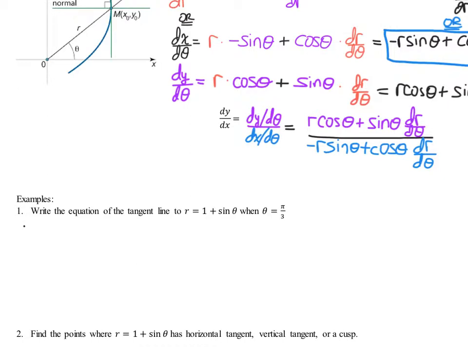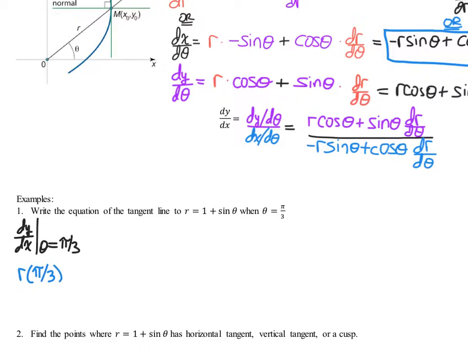So dy dx when theta is equal to pi over 3. Now, I can write out that entire formula and then do some substitutions, but I really don't want to do that. I would figure out what r of pi over 3 is, because all of this is happening at pi over 3.